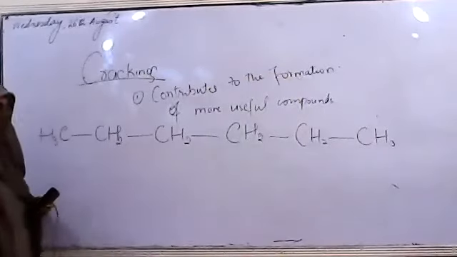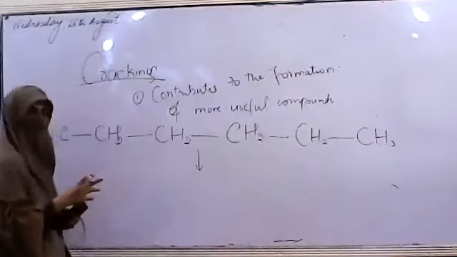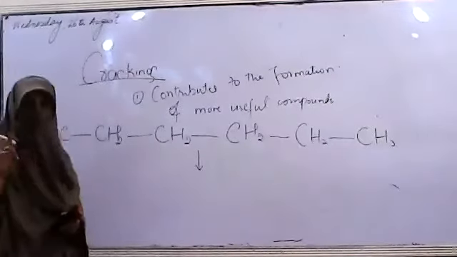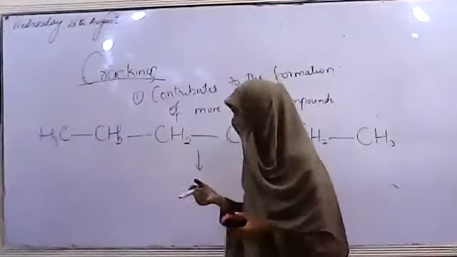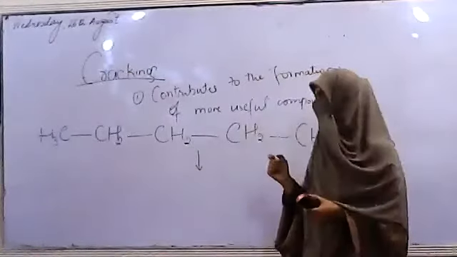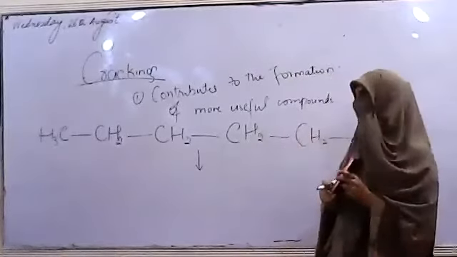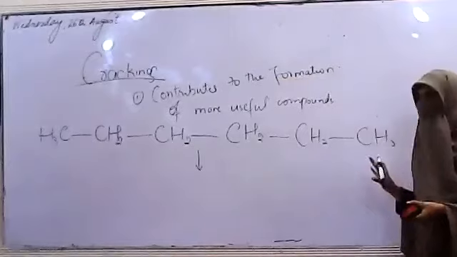Let's say we are going to perform the cracking process on it, and after the cracking process the compounds formed will be a mixture. We are not going to get a very specific compound unless we break the bond at some specific position. If we are performing the simple cracking process, it is going to form a mixture of products.